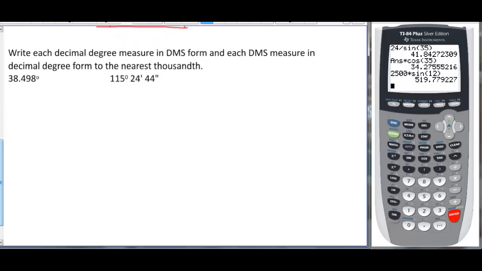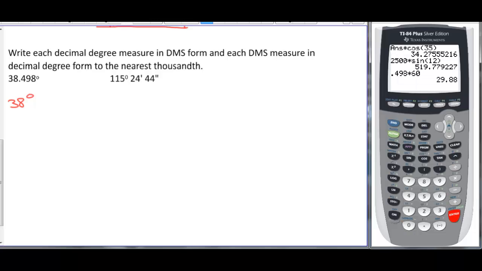Write each decimal degree measure in degrees, minutes, seconds form, and each degree, minute, second measure in decimal degree form to the nearest thousandth. On this one, we certainly have 38 degrees, those whole degrees. Then that's about a half a degree, so I'm guessing roughly about 30 minutes. 0.498 times 60, 60 minutes in a degree.